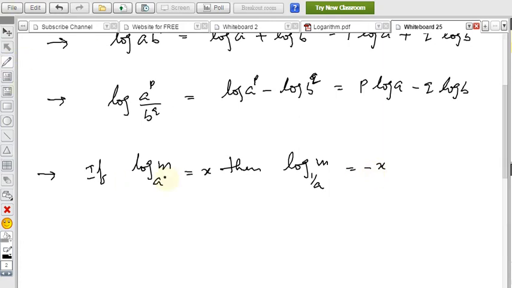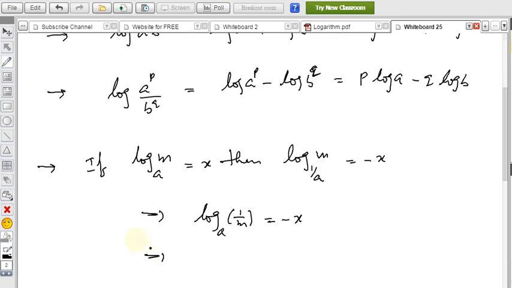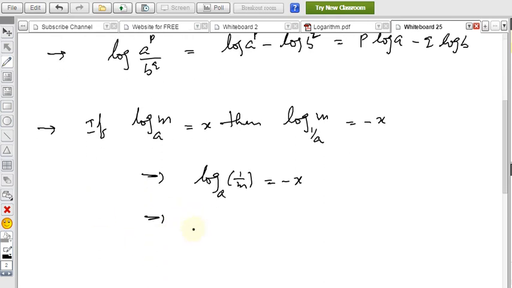Similarly, log 1 by m to the base a is equal to the same, minus x. If you interchange, so when you take a reciprocal, the sign changes.